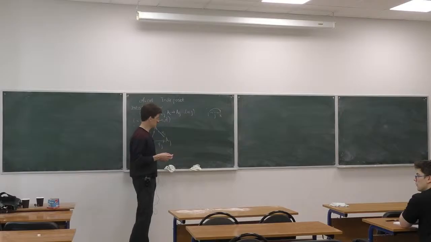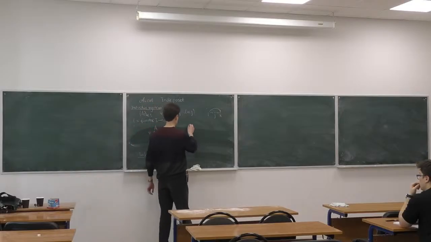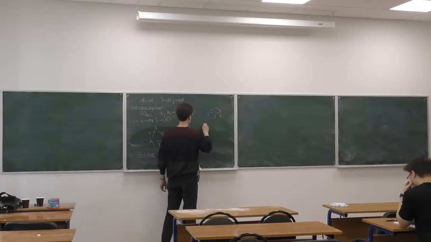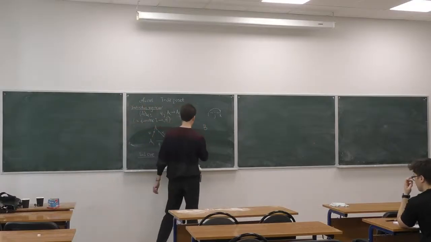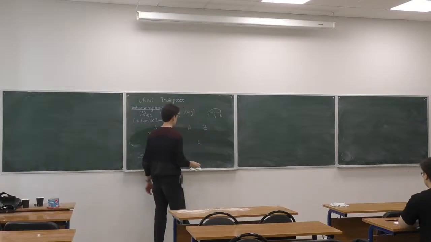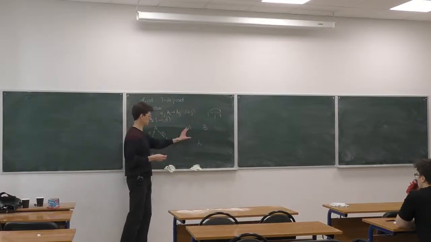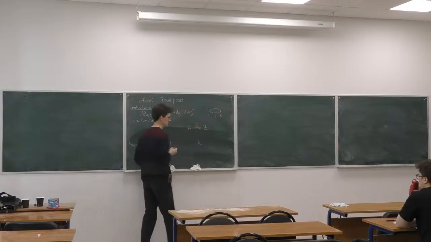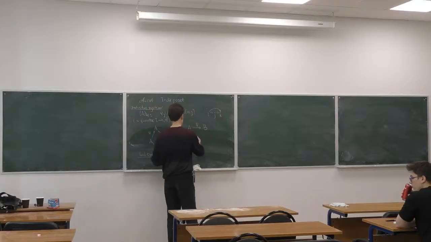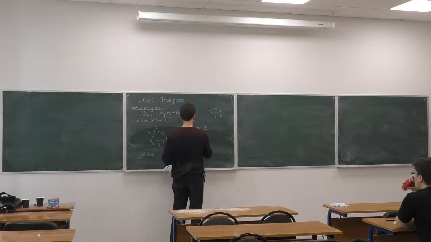Next we define morphisms between inductive cones in a natural way. Namely, if we have two inductive cones, A and B, over the same inductive system A i, then a morphism from this cone to this cone is just a morphism from A to B, such that this diagram commutes for every i.